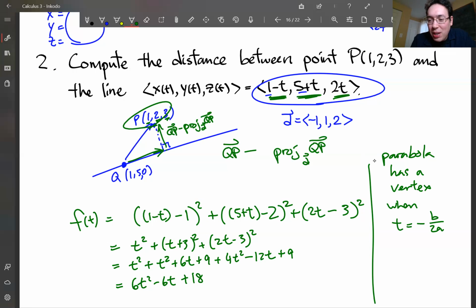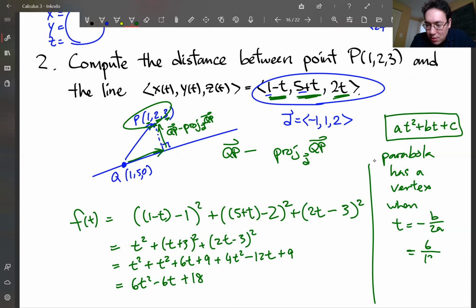So this is when you have a quadratic that looks like this, at squared plus bt plus c. So in our case, our a is 6 and our b is negative 6. So if I plug in negative 6 into b, I'll get positive 6 divided by 2 times 6, which is 12.